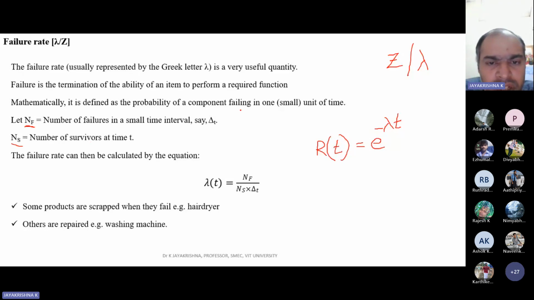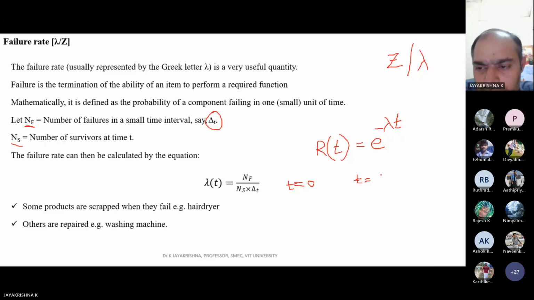Okay. Here I use the word delta t. Delta t is what? For example, when you are starting a reliability test, what is the t value? 0. In our last example we tested the components for how many hours? 10 hours.